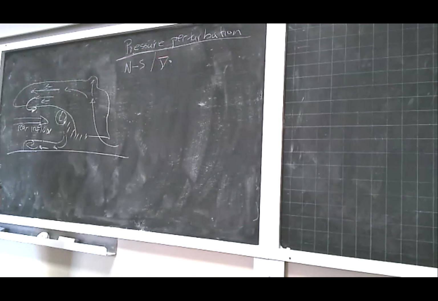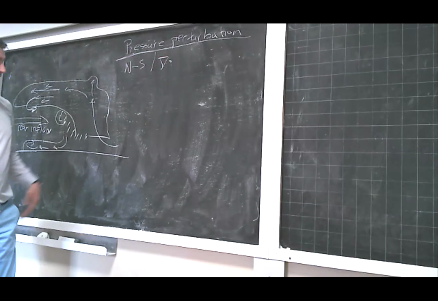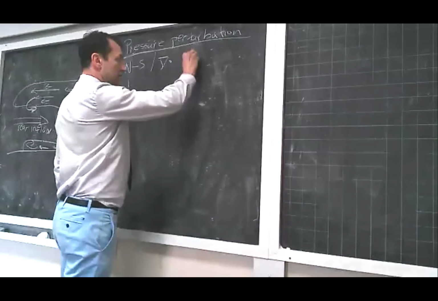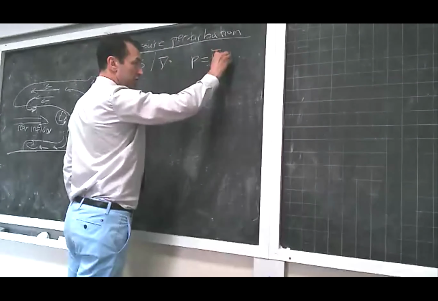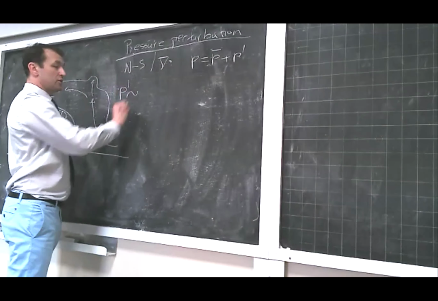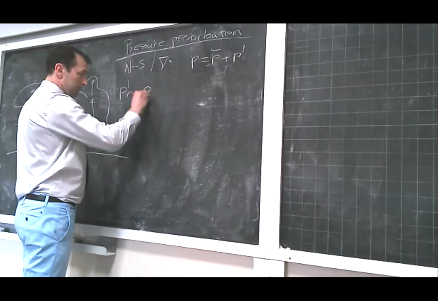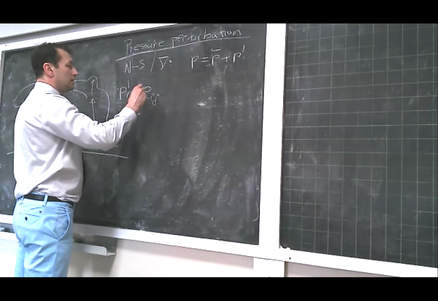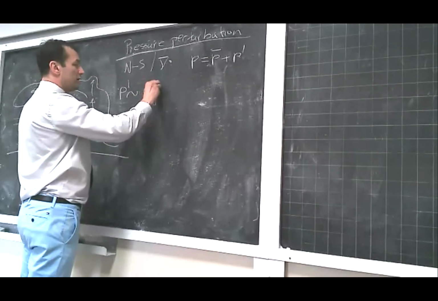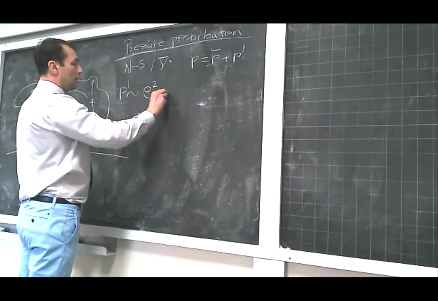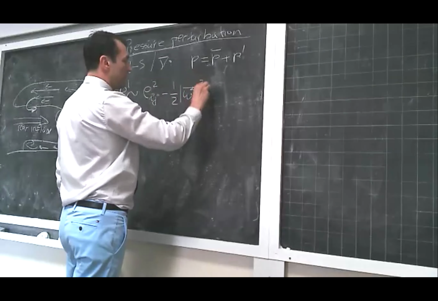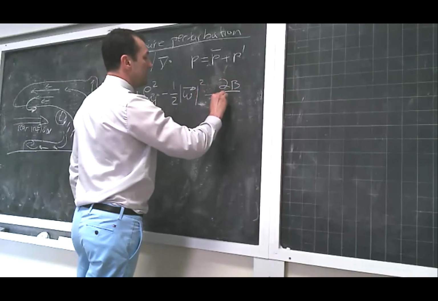And then do maybe 45 minutes of derivation and neglecting all terms, and you will get this equation. P prime, pressure perturbation. So pressure is average pressure plus perturbation. Okay? Pressure perturbation is proportional to, this is strain rate, e_ij squared, minus 1/2 omega squared, minus dB/dz.